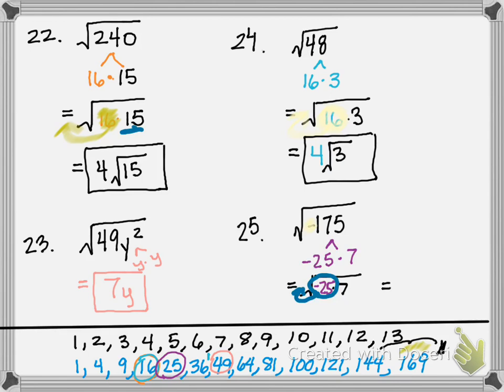If you see a negative inside a square root, you should automatically be thinking in your head, there is going to be an i. Okay, so there will be an i. It's going to be an imaginary number because the square root of a negative is not a real number. So as I bring out the square root of negative 25, it's not just going to come out as a 5, but it'll come out as a 5i. And then you'll still have your square root of 7.